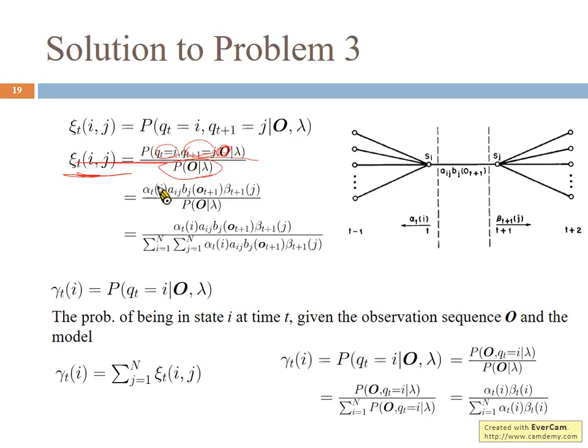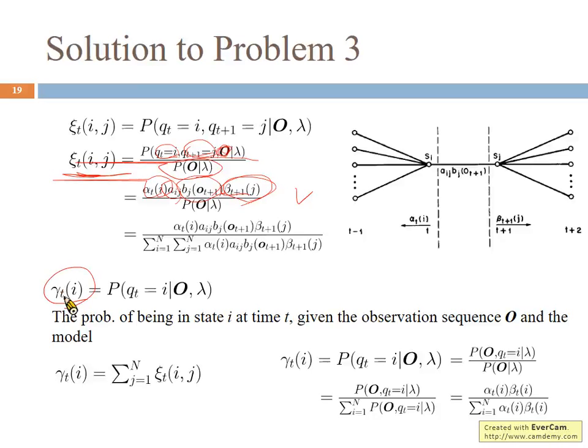And the numerator can be calculated as alpha_t(i) multiplied by the transition probability a_ij and the observation probability b_j(o_{t+1}), and then beta_{t+1}(j). The alpha_t(i) we have defined in the forward procedure. The beta_{t+1}(j) we have defined in the backward procedure. So psi_t(i,j) can be calculated like this.